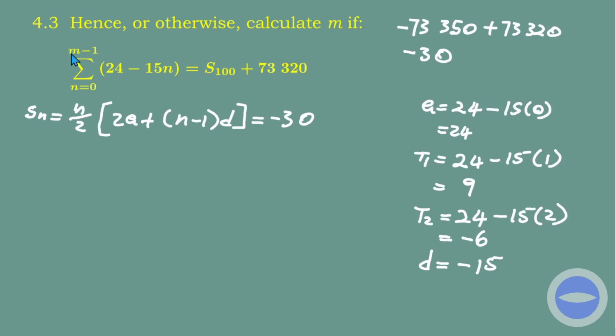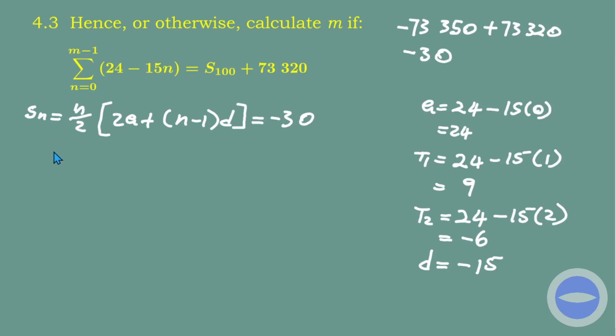I won't put m minus 1, I will put only m. The reason being that our a is where n equals 0. So I don't have to put m minus 1, because our pattern started at t0, not t1. Our a is where our number of terms is 0.